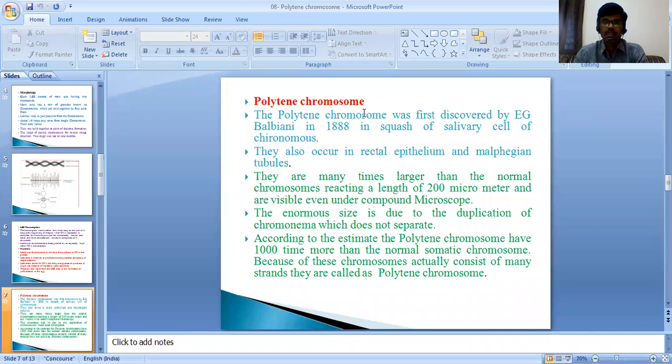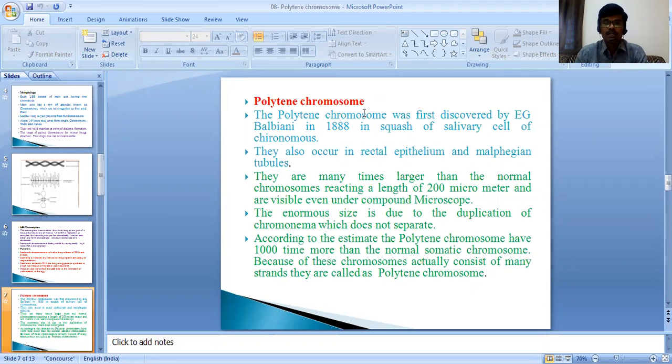They also occur in rectal epithelium and Malpighian tubules. They are many times larger than the normal chromosomes, reaching a length of 200 micrometers, and are visible even under a compound microscope. The compound microscope खाली देखील आपण पाहू शकतो सहजासहजी.